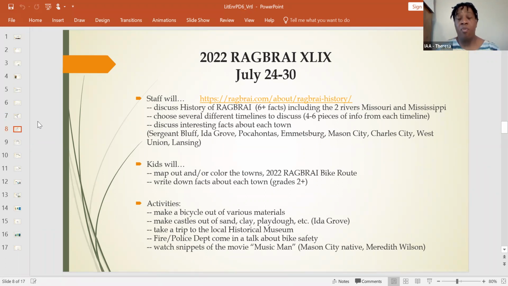I had brought in the Winter Olympics. I thought I would do something for Iowa and do RAGBRAI. And the way that this is set up, it's set up for elementary, but you can tweak it for middle school, high schoolers. Okay. I also have a setup of what staff will do, what kids will do, and then we have activities. So let's dive in.